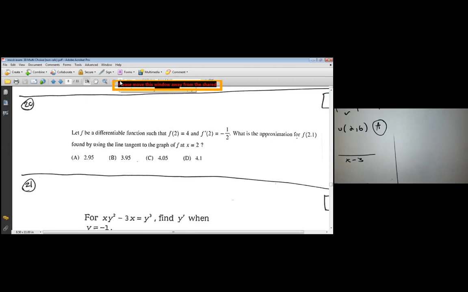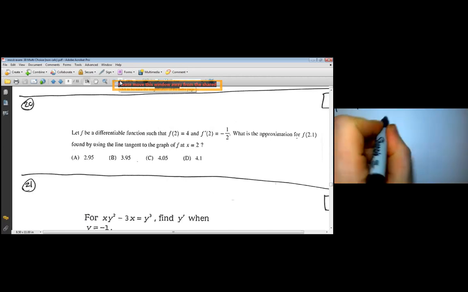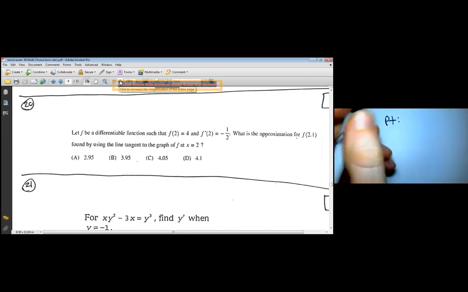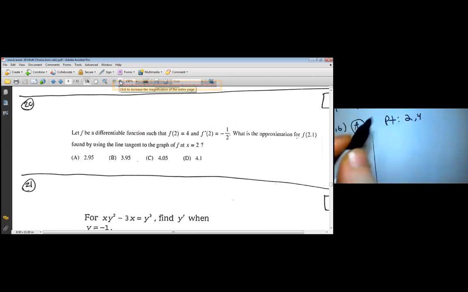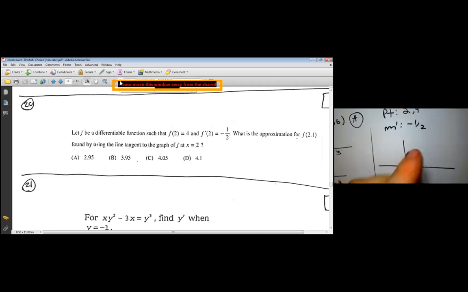Well, let's see, what do we know? F of 2 is equal to 4. So let's just start with the original. We know there's a point, 2 comma 4, and then we know f prime of 2 is negative 1/2. So the tangent slope there is negative 1/2. So if we were to look at this, what are they asking us here?